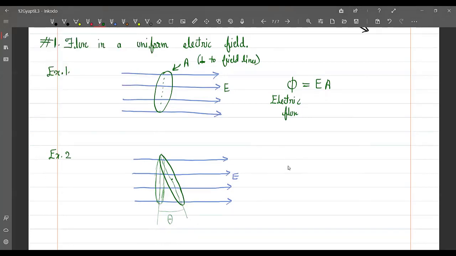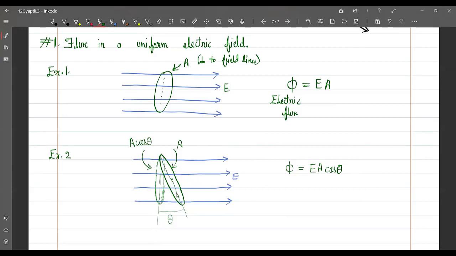So if you write phi, instead of multiplying with total area A, you will write the projected area. What is projected area? Projected area is A cos theta. So your flux will be E A cos theta. That will be the amount of flux.